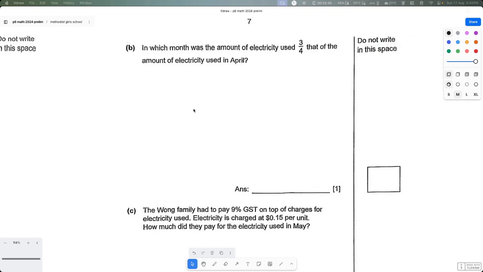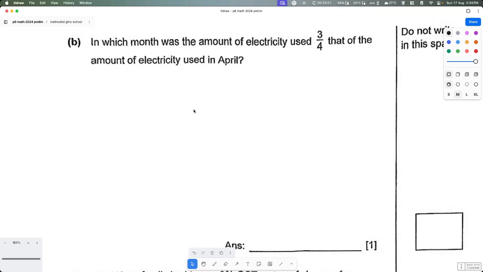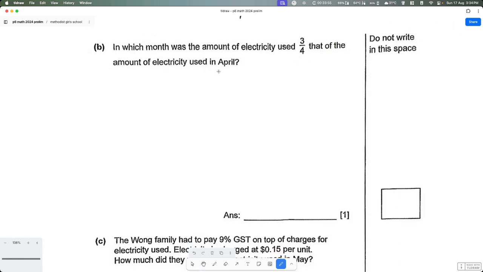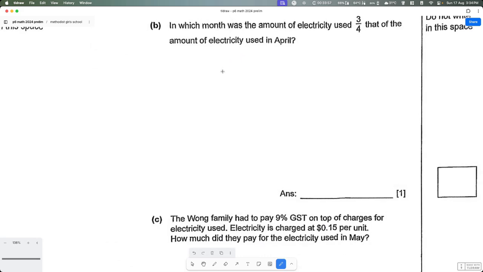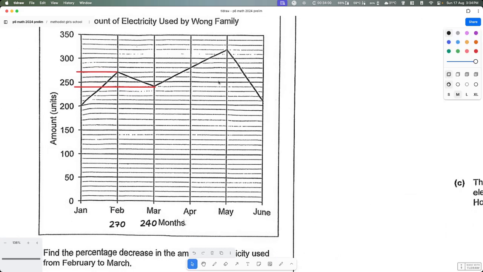Part B says, in which month was the amount of electricity used 3/4 that of the amount of electricity used in April? So let's calculate April. April over here is somewhere here, 270, 280. So April is 280.